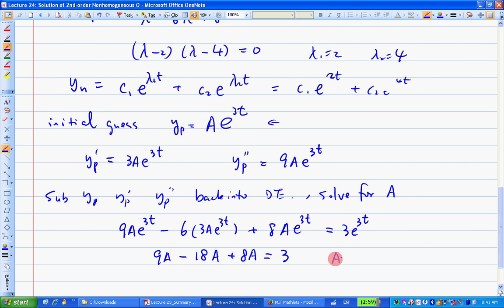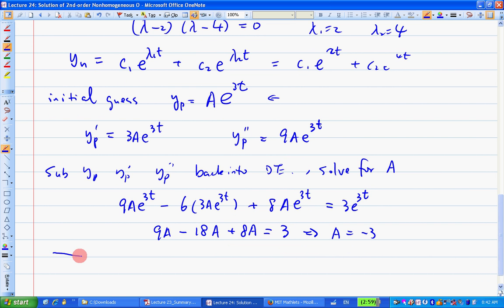So A equals negative 3. So your YP is negative 3 e to the power of 3t. If you want to verify it, just resubstitute back into the differential equation and see if that's a particular solution. So that's the general approach here.